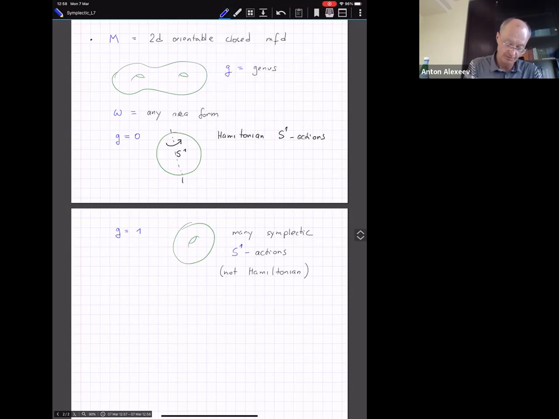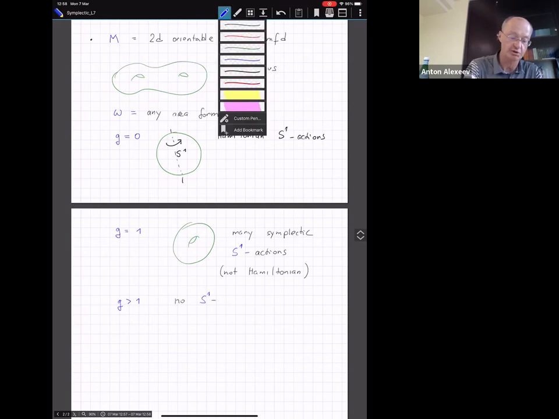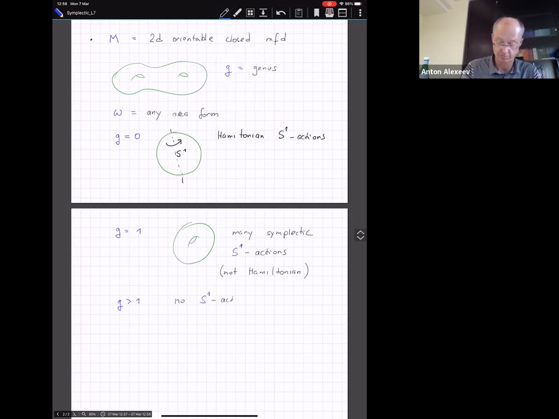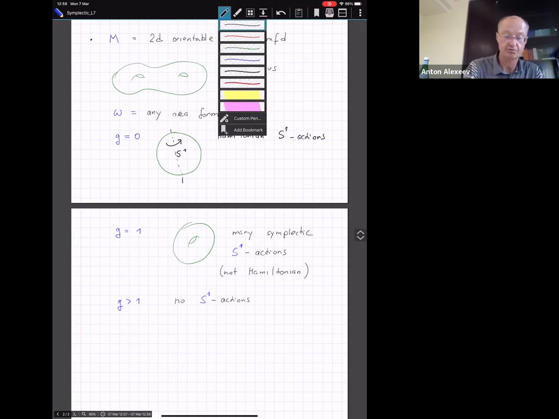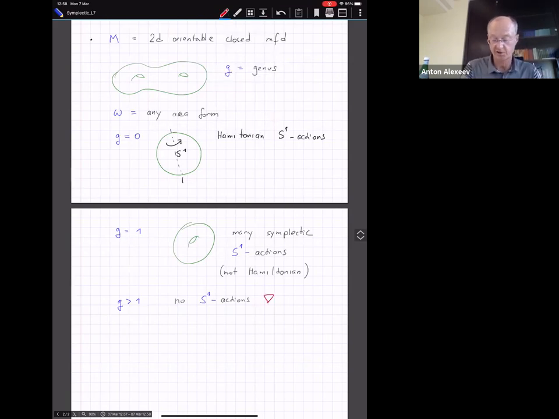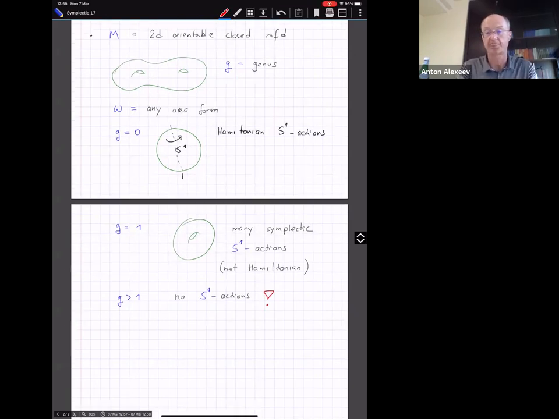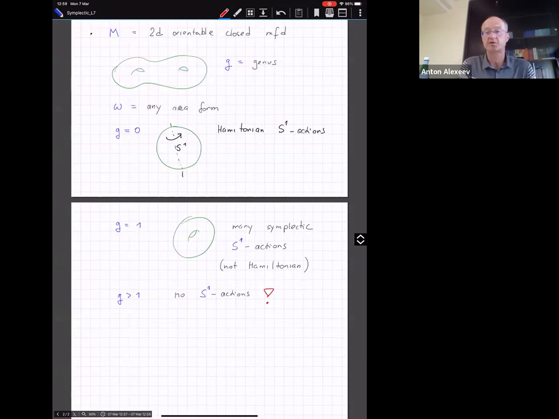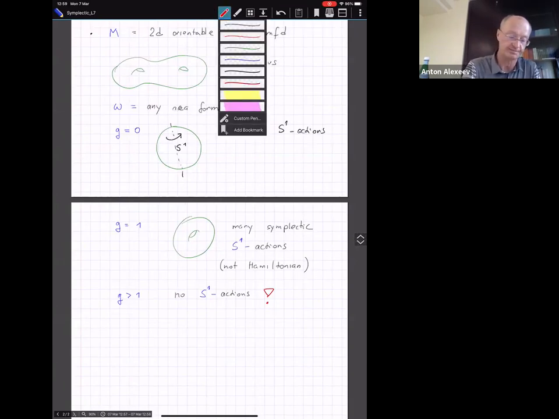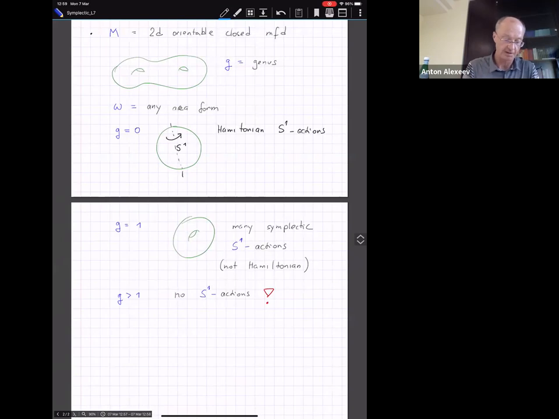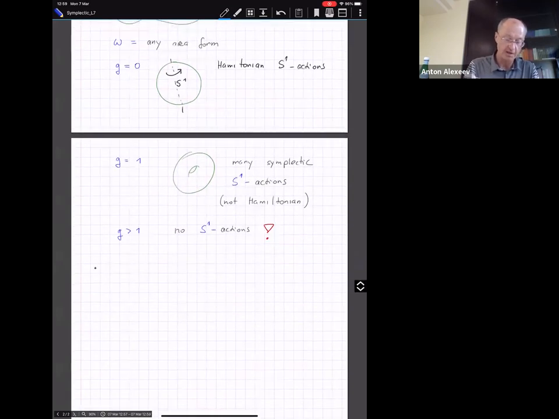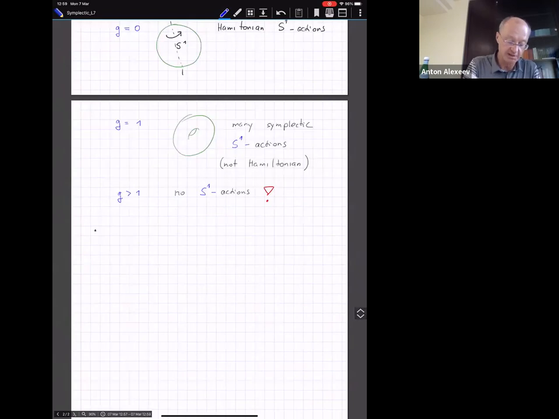And now if g is bigger than 1, there are no smooth S1 actions at all. So in particular, of course, no symplectic S1 actions and no Hamiltonian S1 actions. So nothing at all. It's a little bit cheap example because there is not much to say.